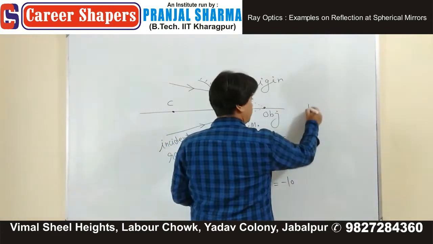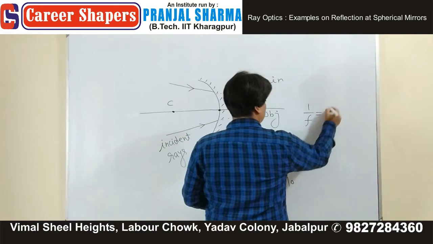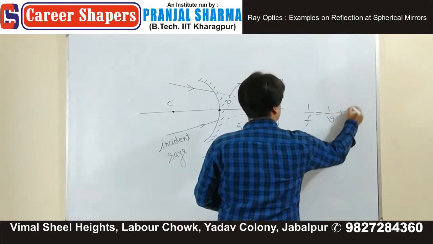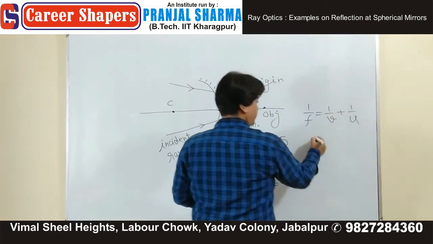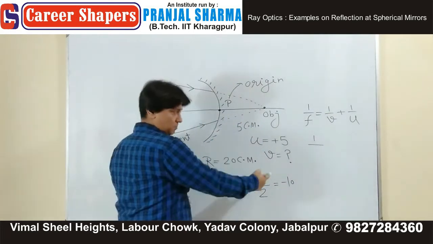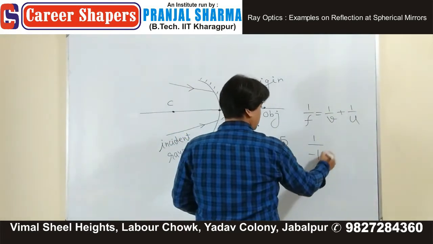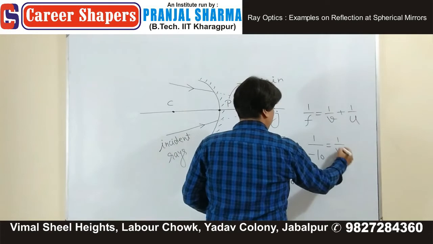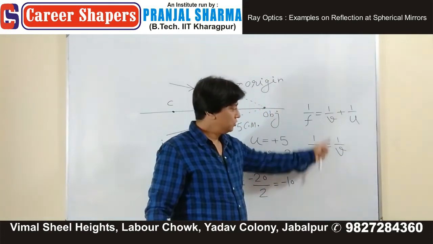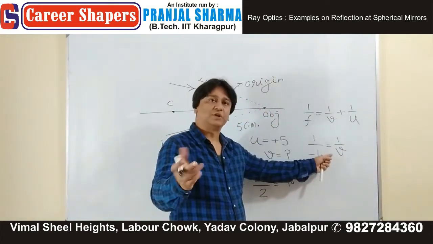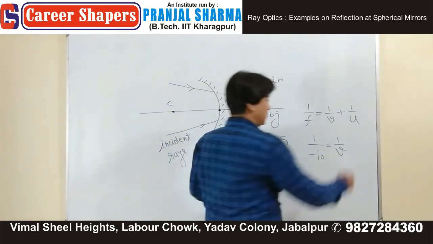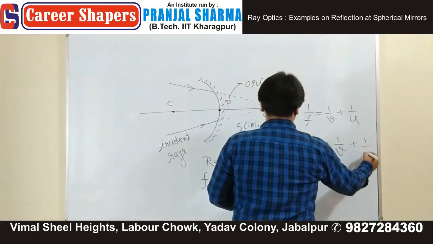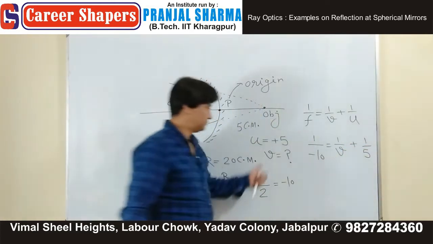What is the formula? 1 upon f equals to 1 upon v plus 1 upon u. F is minus 10. We have no idea of v. Unknown things should be used in physics without any sign. V plus u, which is 5.